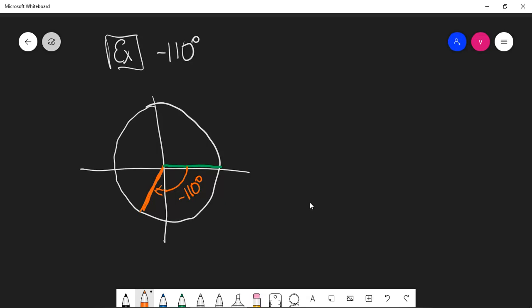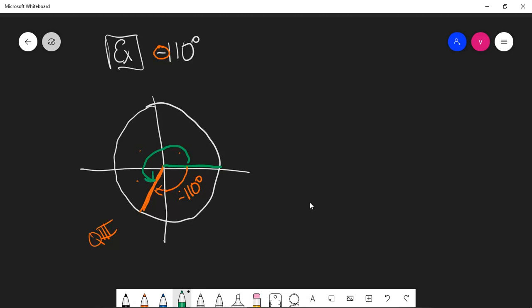So that looks like this is in quadrant 3. 1, 2, 3, 4, like that. Is this in standard position? No, because it's negative. Okay, so let's do a positive rotation one time around. So that would be positive 90 plus another 90. That's 180 all the way to here.